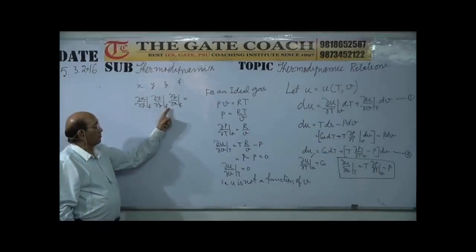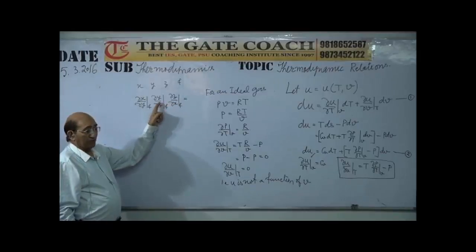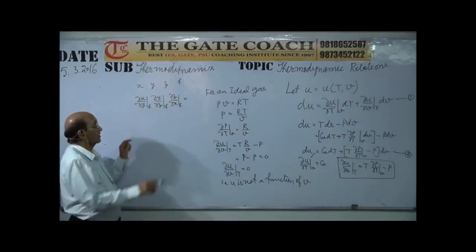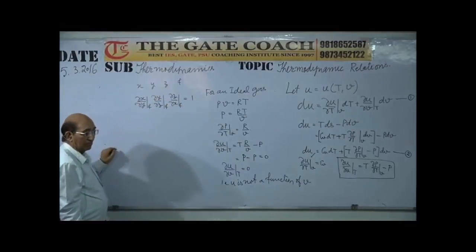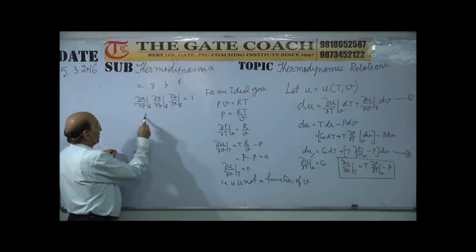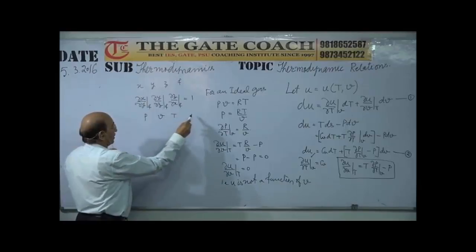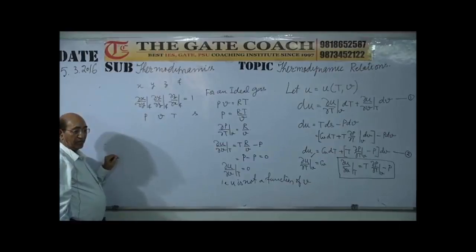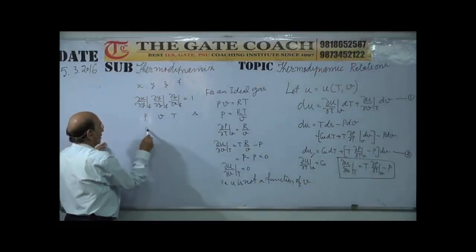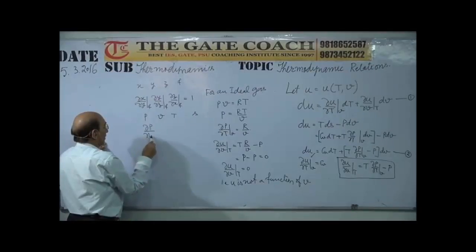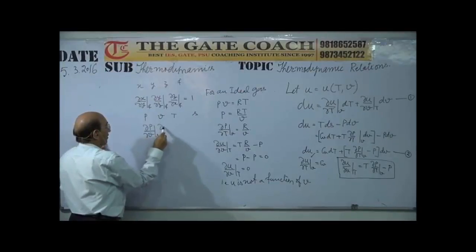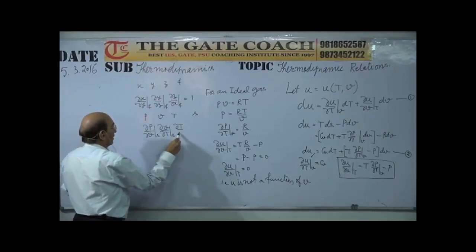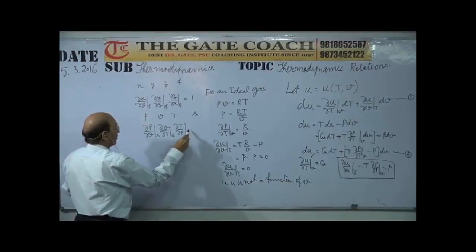If f remains constant throughout, they can straight away get simplified. This cancelling, this cancelling, this cancelling, it becomes 1. That means if I come across pressure, volume, temperature and entropy, in an isentropic process, entropy remaining constant, del P by del V, del V by del T and del T by del P, this is equal to 1.